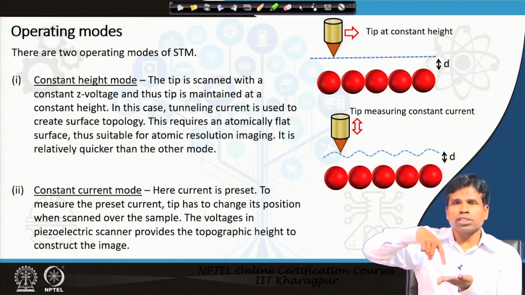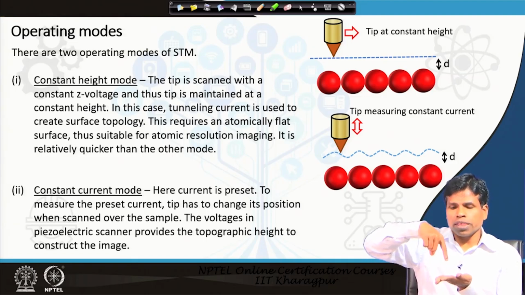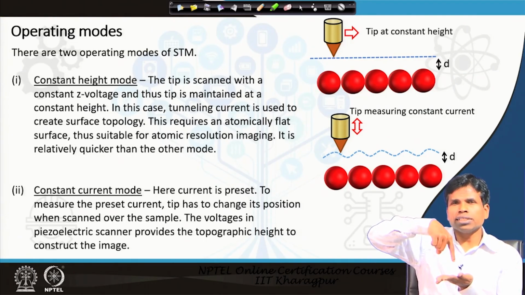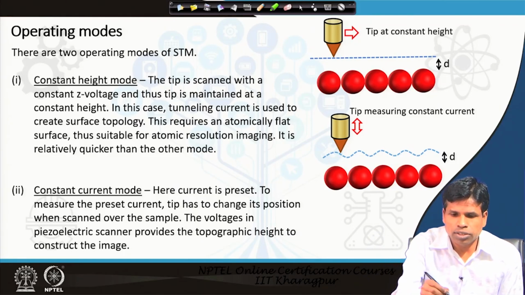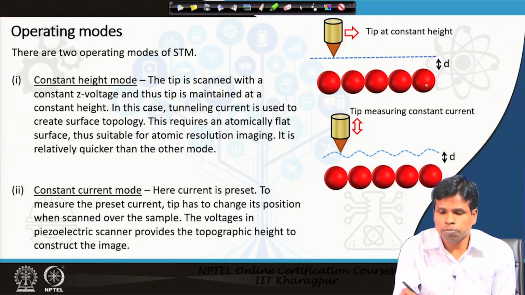As we move at constant height, what will happen if at any place there is a protrusion or a hill on the sample? Then our tip will be much closer to the sample surface. If at any place there is a downward valley, then we will have a larger distance between tip and sample. So depending upon the sample height, as you see here, let us say different atoms are there.